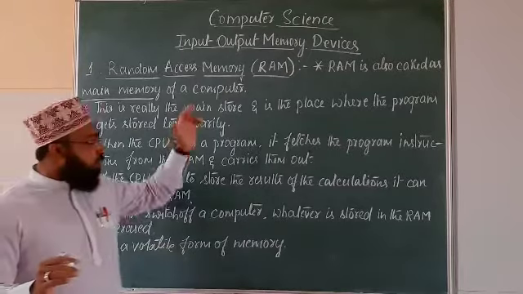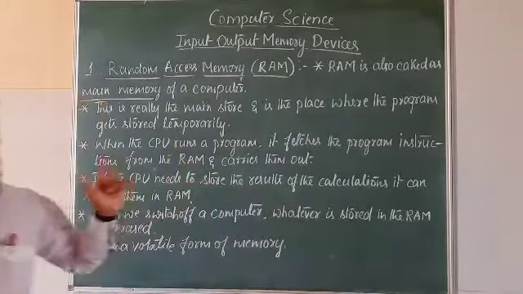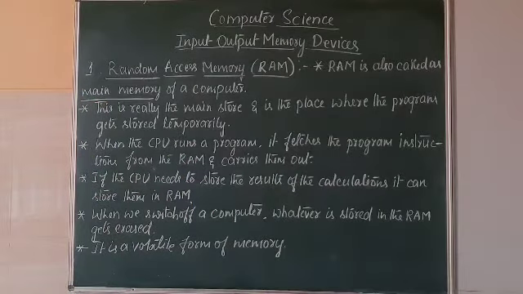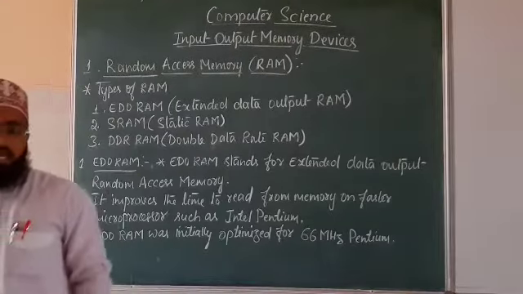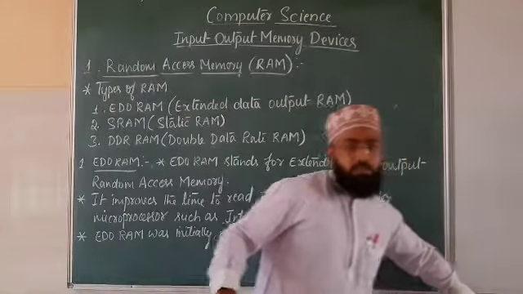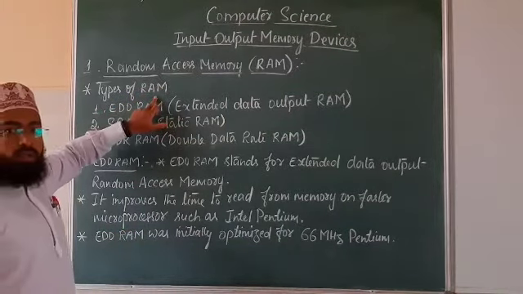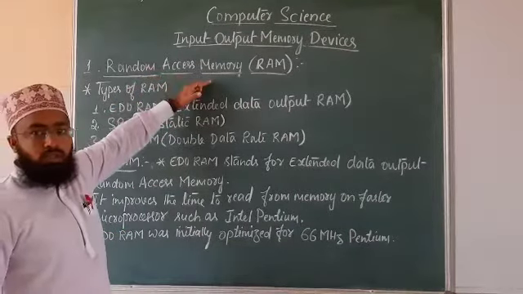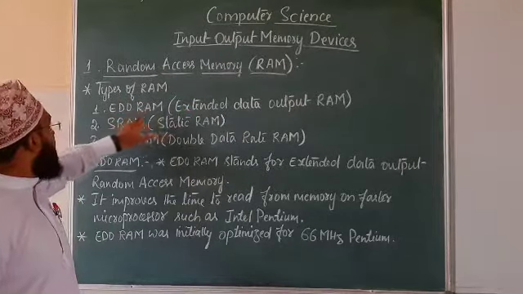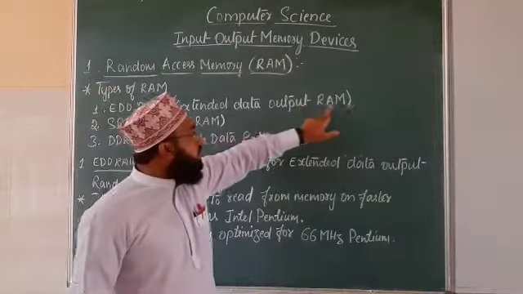Okay, and there is one more point about RAM. Now I am going to write and explain it. The last point about RAM, that is random access memory, is the types of RAM. The types of RAM are EDORAM, extended data output random access memory.